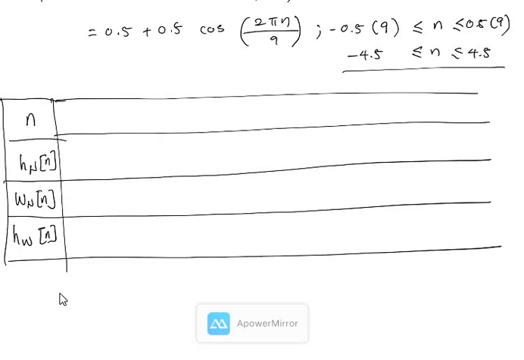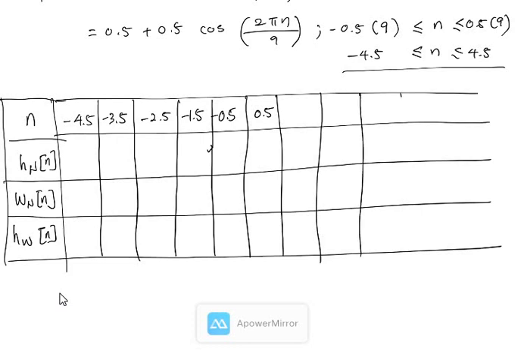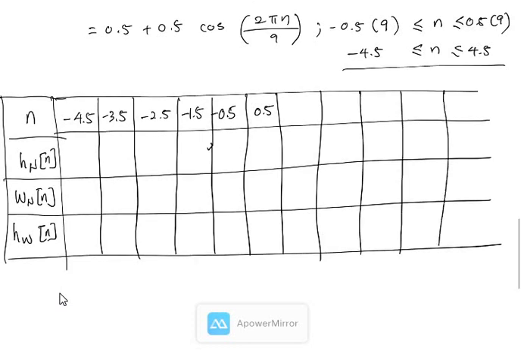Using this one, that means the n is from negative 4.5 here, and then we have negative 3.5, negative 2.5, and then negative 1.5, negative 0.5, and then positive 0.5. So this is the same: 1.5, 2.5, 3.5, and 4.5.